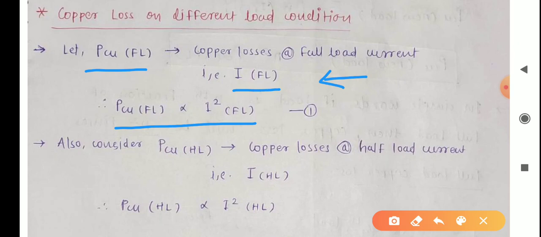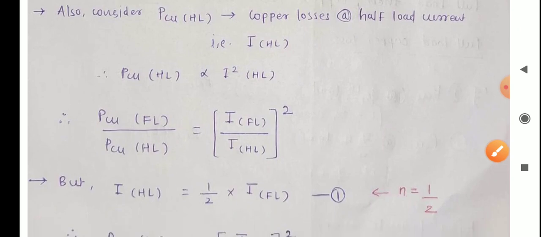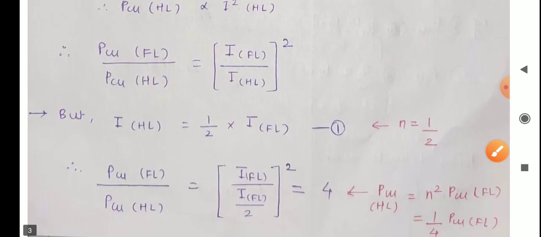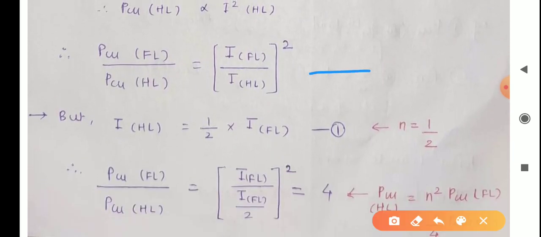Similarly, if we are considering copper loss at half load condition, that is at the current of half load, the copper loss will be proportional to the current square at half load. Now, if we take the ratio of these two quantities, we will get full load copper loss divided by half load copper loss equal to full load current divided by half load current, whole square.